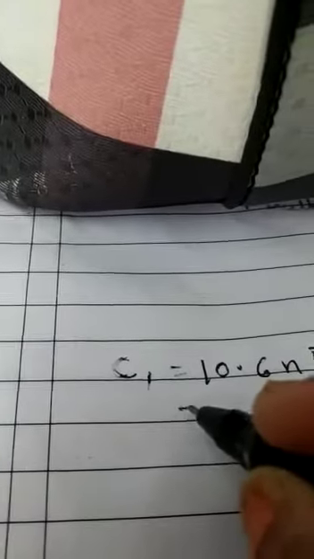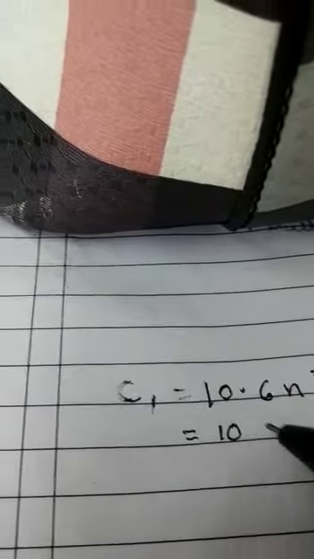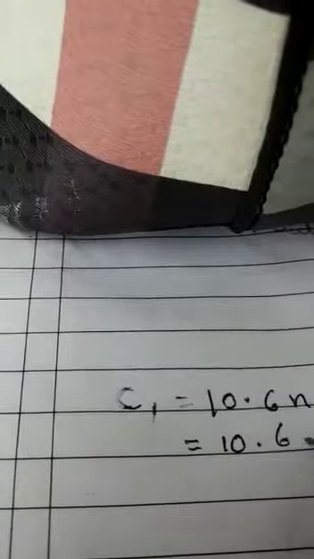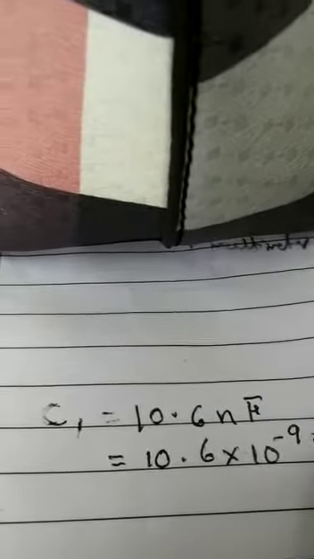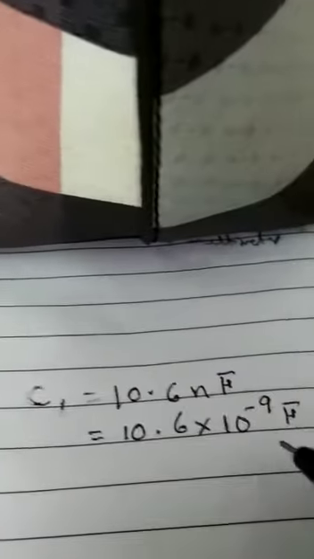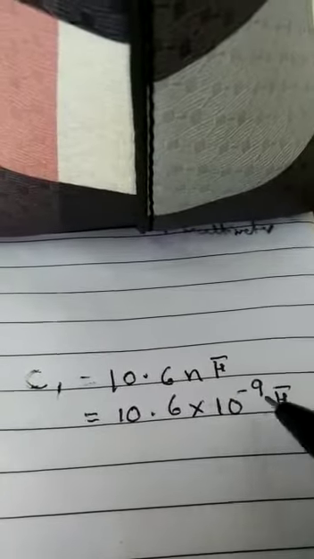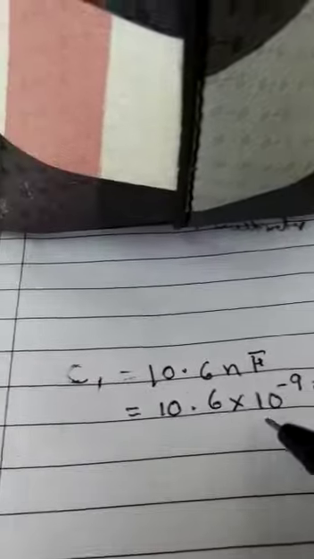So you can write this as 10.6 into 10 raised to minus 9 farad. Now I have to make it 10 raised to minus 6. So I have to take out 10 raised to minus 3 over here. So 1, 2 and 3.